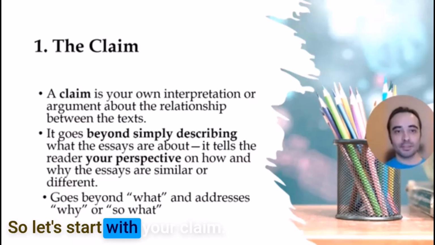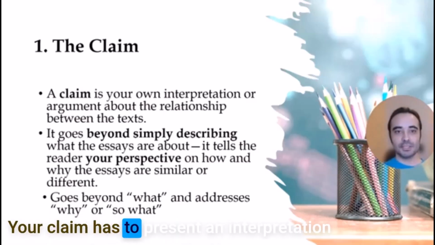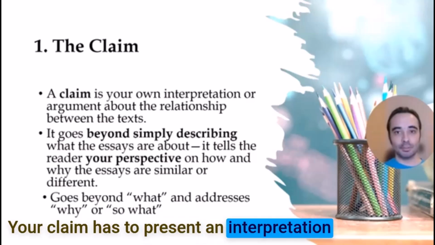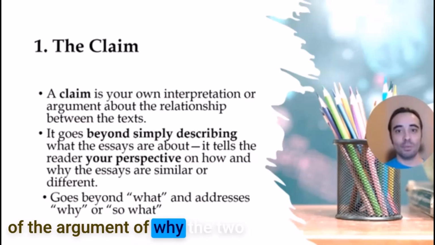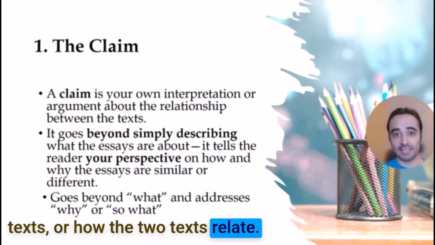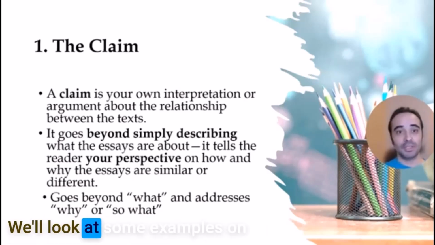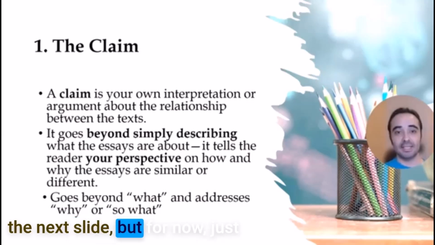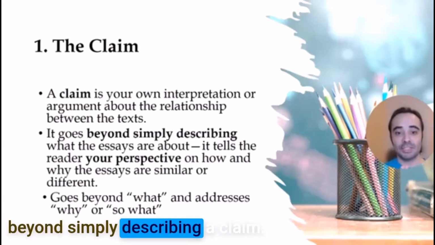So let's start with your claim. Your claim has to present an interpretation of why or how the two texts relate, and what that means. We will look at some examples on the next slide, but for now, just keep in mind that a claim goes beyond simply describing.